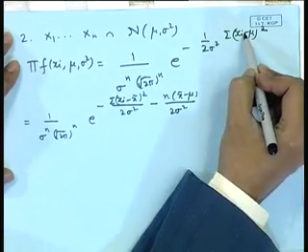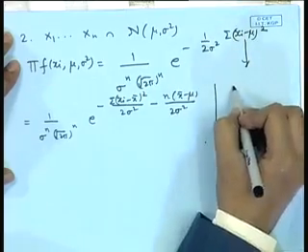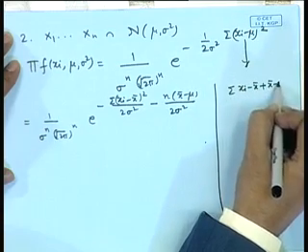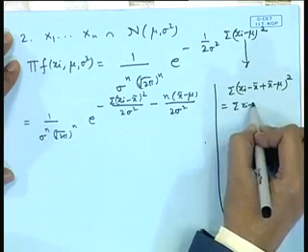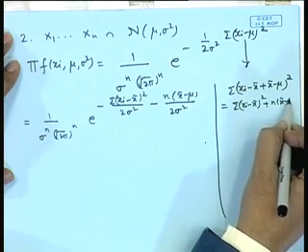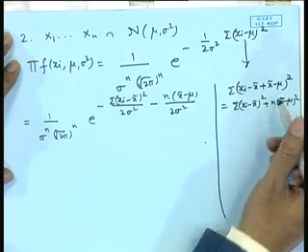That means we have added and subtracted x bar: sigma (x_i minus x bar plus x bar minus mu) whole square becomes sigma (x_i minus x bar) whole square plus n times (x bar minus mu) whole square, and the cross product term vanishes.